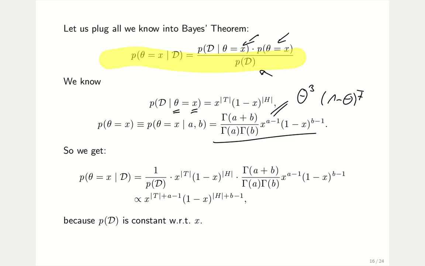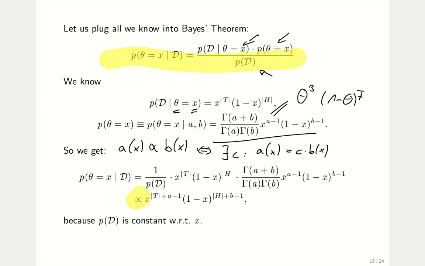Now, before we plug it in and keep on calculating and deriving new results, we will need to introduce some notation, and this notation is this symbol down here, and that's a proportional to symbol. It's actually quite simple. So if a function a of x is proportional to a function b of x, this is by definition the case if there exists a constant c, such that a of x is c times b of x.